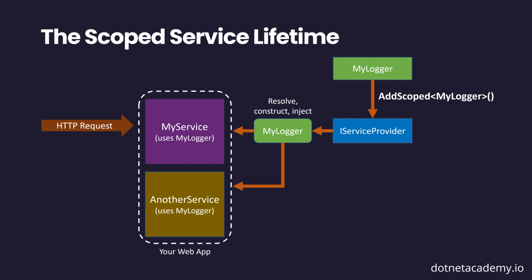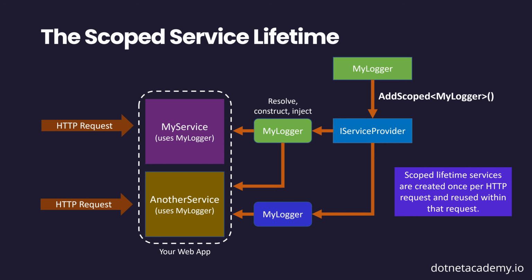However, if a new HTTP request arrives, the service container will create and inject a brand new instance of myLogger instead, totally unrelated to the previous instance. So scoped lifetime services are created once per HTTP request and reused within that request. Now let's go back to the code and see the scoped lifetime in action by injecting the DB context into our API endpoints.